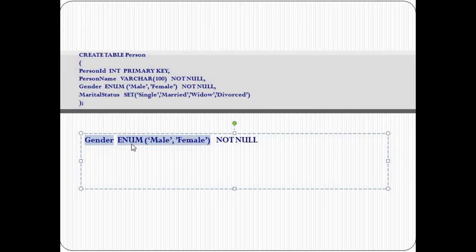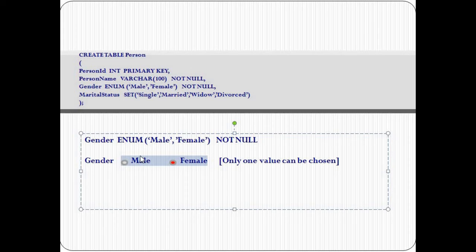If you apply the enum constraint on the column gender with the domain consisting of the values male and female, then only one value out of male or female can be chosen for the column named gender. In this case, I have chosen the value female for gender as indicated by the color red.